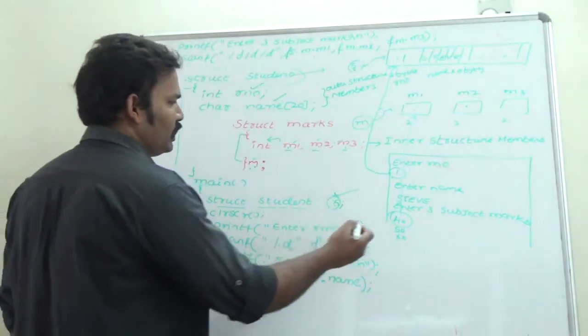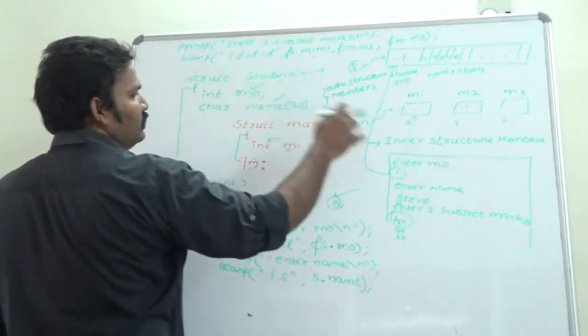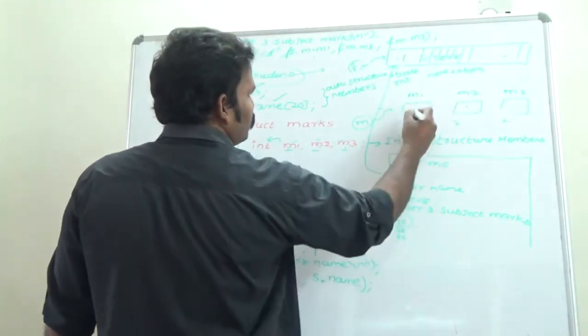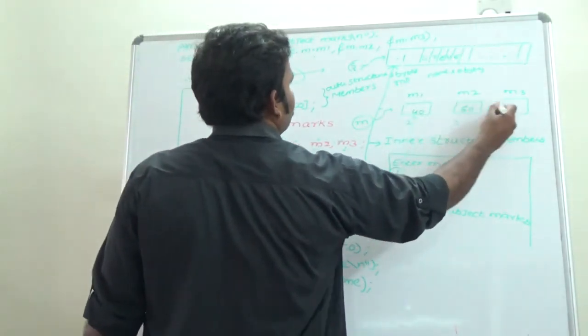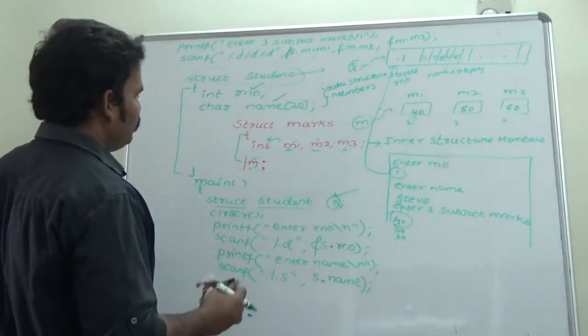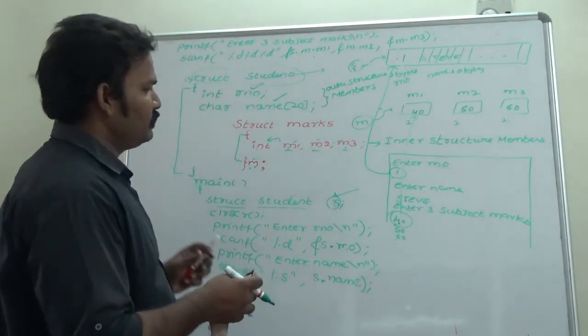After executing all these statements, these elements will be assigned to these locations: 40, 50, 60. Now I want to print the data on the screen. There is no space, that's why I am writing here.